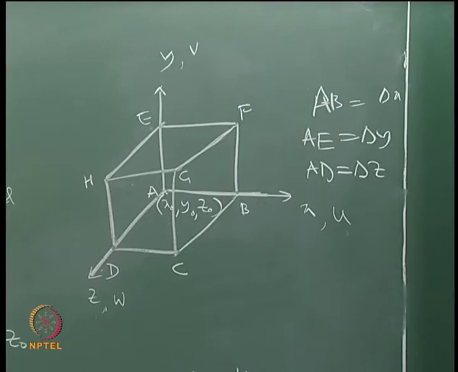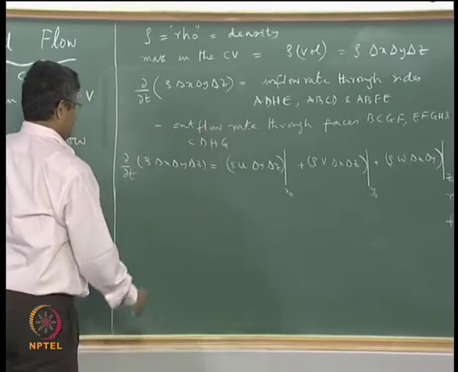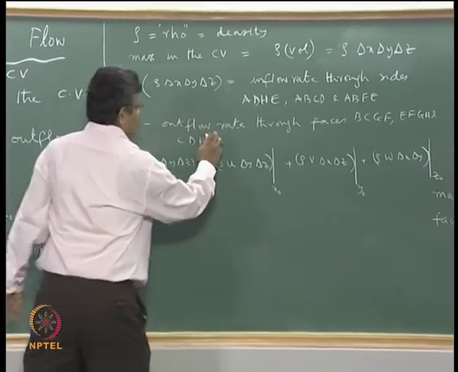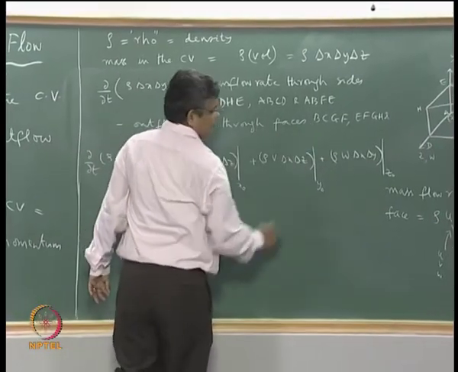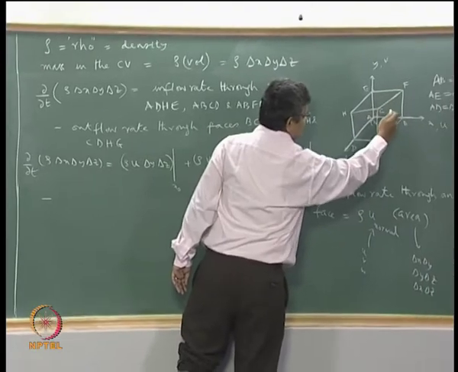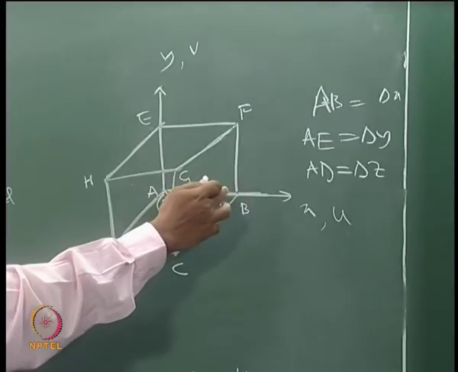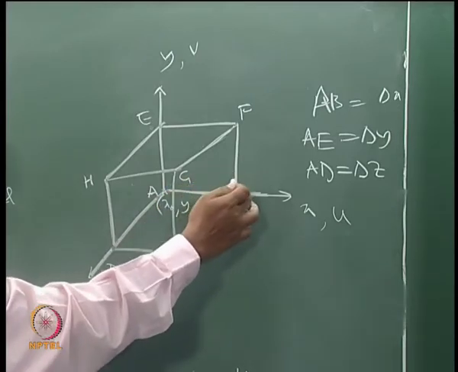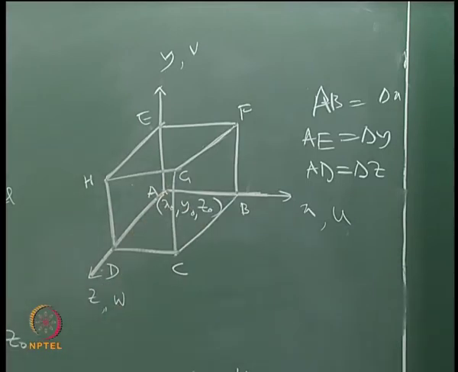Okay. So these are the three inflow phases, and the outflow mass flow rate through the three outgoing phases, so that is BCGF. This again is aligned in the positive x direction with an area of delta y times delta z, and the velocity component is u, which is normal to this.